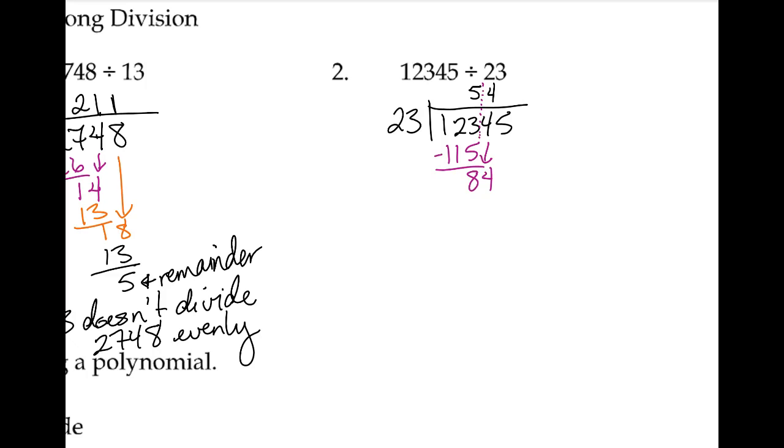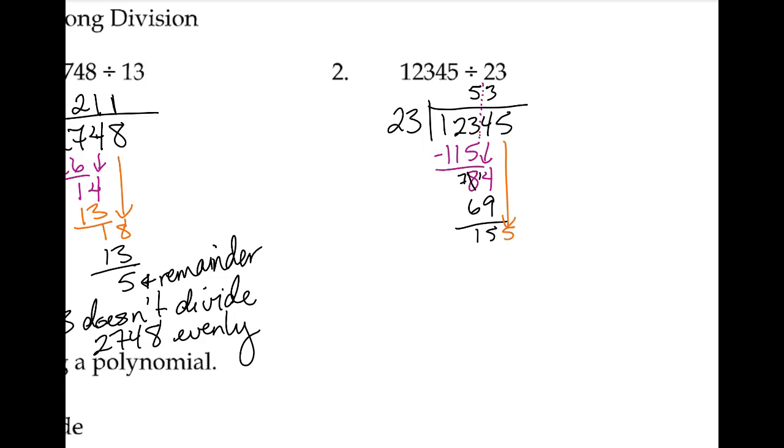Approximating 4 times 3 is 12, 8. No, I was right. Okay, so I would subtract this from here, 8, 7, 1, 15, yeah. Silly me. Okay, and then I'd bring that last 5 down.